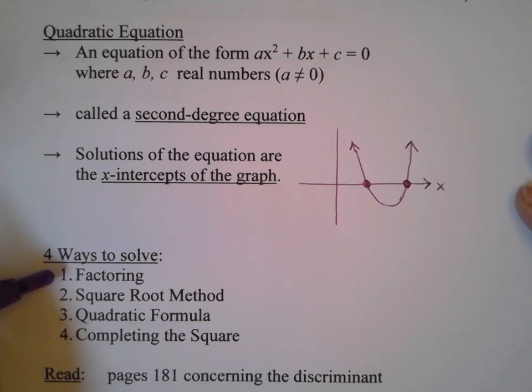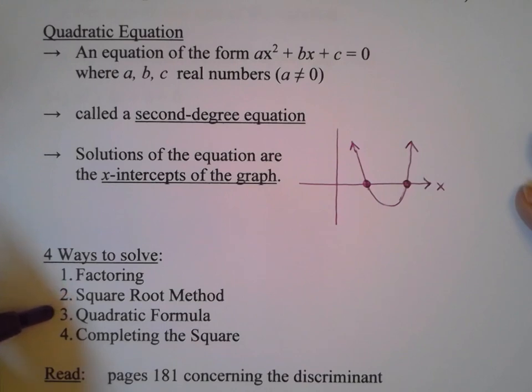Some equations are and some aren't. Okay, the second method, the square root method, is going to be helpful if all the variables are sort of bound up inside of a square. So that could mean maybe we only have an x squared, we don't have an x term, or maybe we have a parentheses squared. Those are the best times when the square root method would be the most useful.